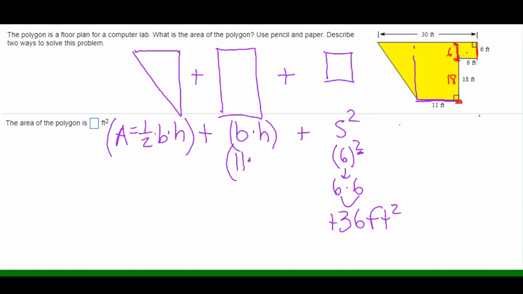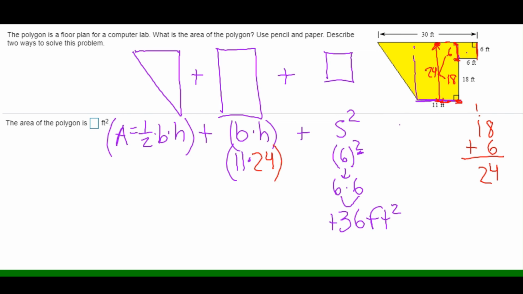So if I want the area from the bottom all the way to the top, I need to add 18 plus 6, and that is going to be 24. So the length from here to here is 24 because these two, 6 and 18, added together is 24. So I'm going to substitute 24 for the height of my rectangle.